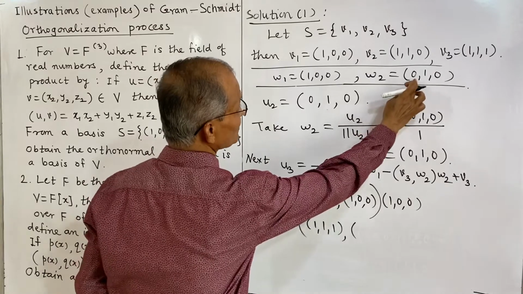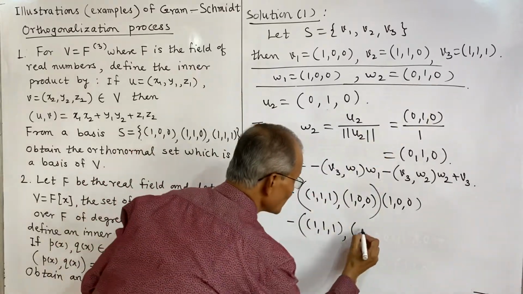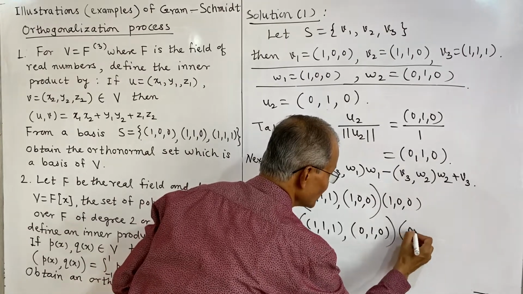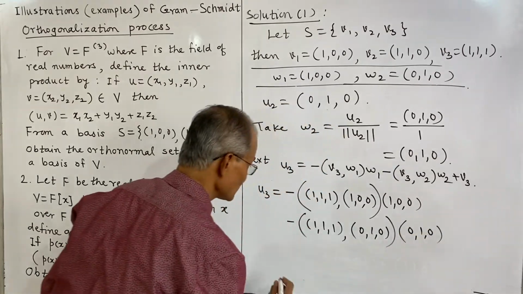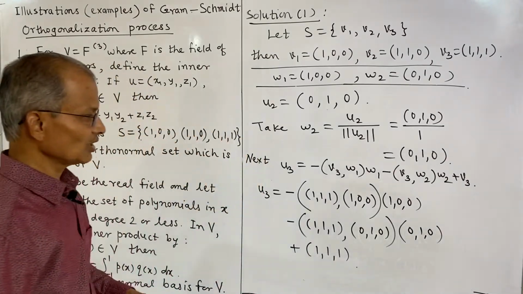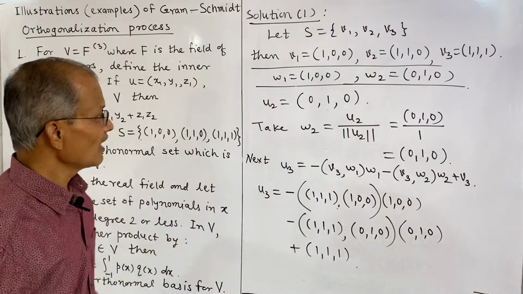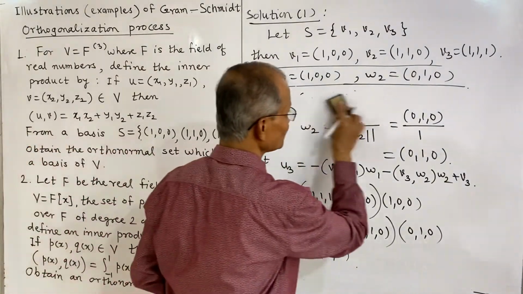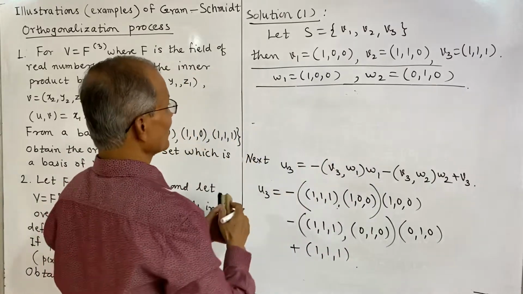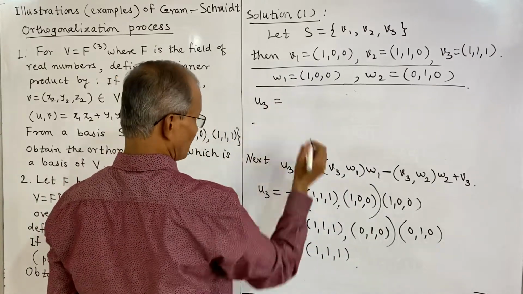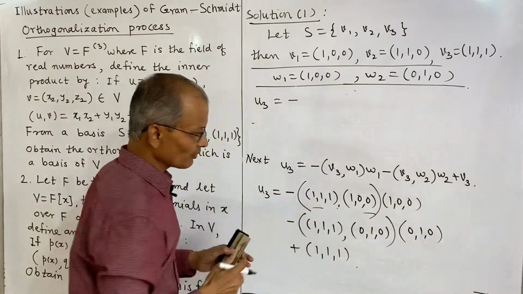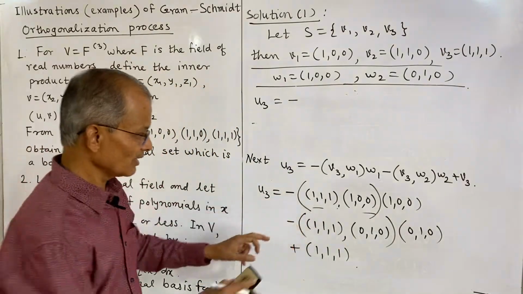W2 we have obtained as 0 1 0, and multiplied by W2 again 0 1 0, plus V3. V3 is 1 1 1. We shall see these products first, and then I write here, this is U3. U3 is equal to, see negative sign, what is the product, this component wise multiplication and their sum.